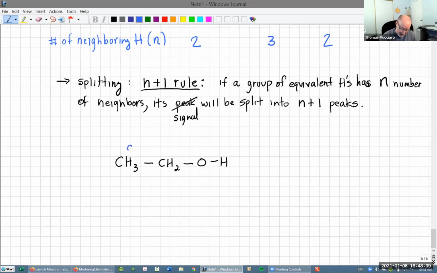We have hydrogens A, B, and C, right? So my integration is going to be 3, it's going to be 2, it's going to be 1. So set A has 3 hydrogens, set B has 2, set C has 1.